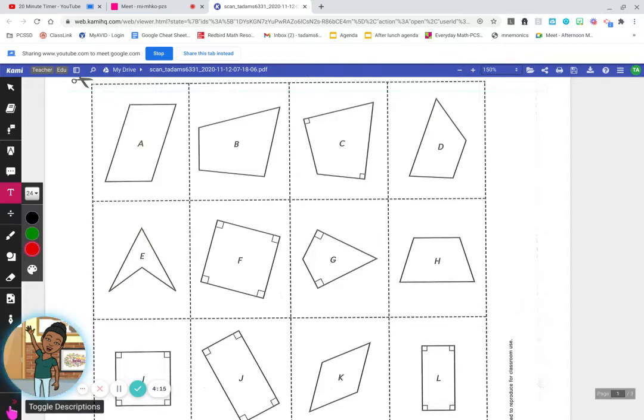Let's take a little time and look at the quadrilaterals on your screen. The quadrilaterals are by letter.